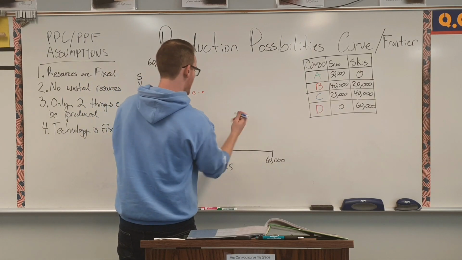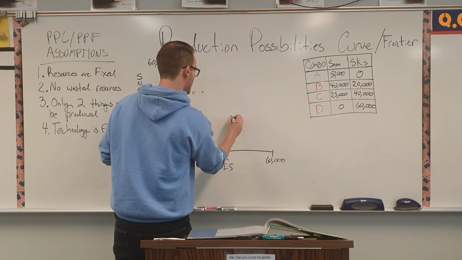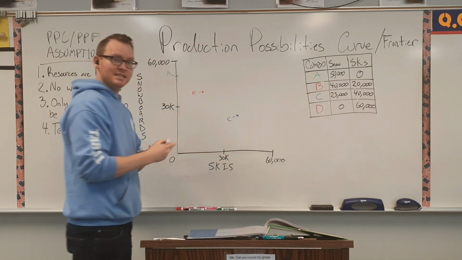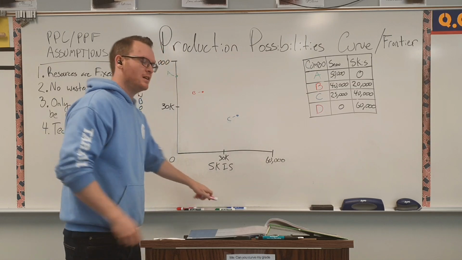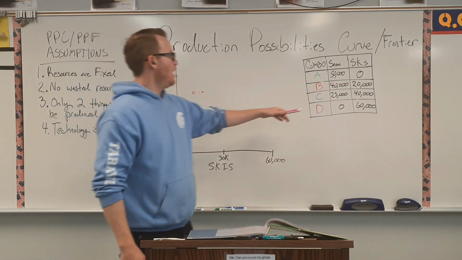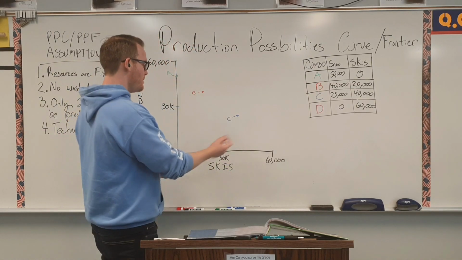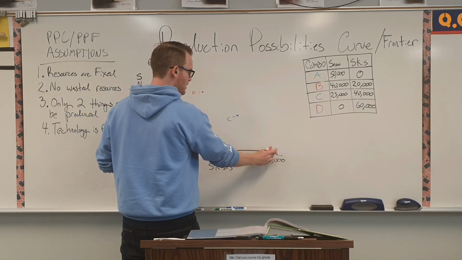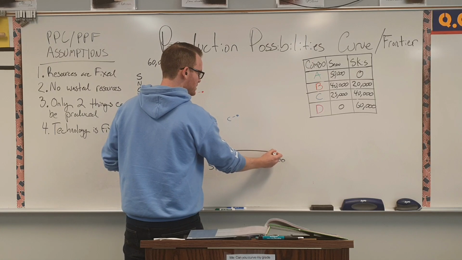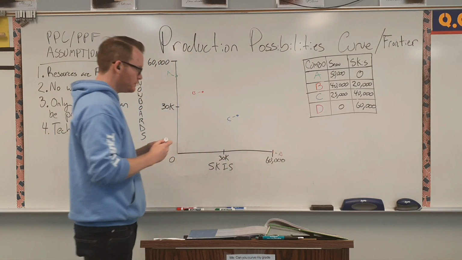So we'll look at a point maybe right around here. Hopefully this is not new to you and you're somewhat familiar with plotting points on a graph. All right, and then point D, where we max out our skis at 60,000 and we have 0 snowboards. So this would be point D.